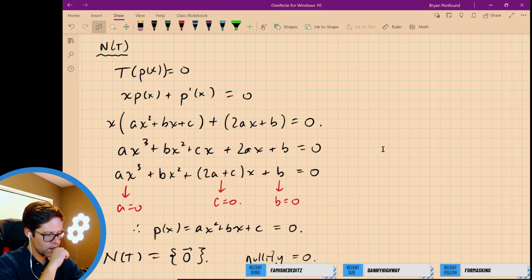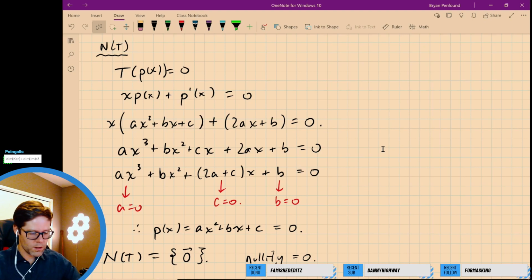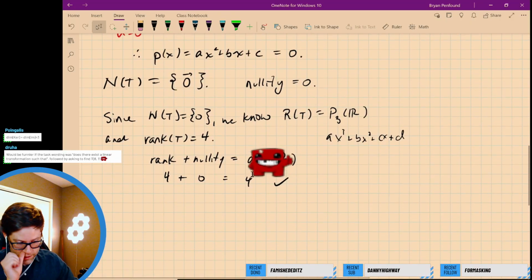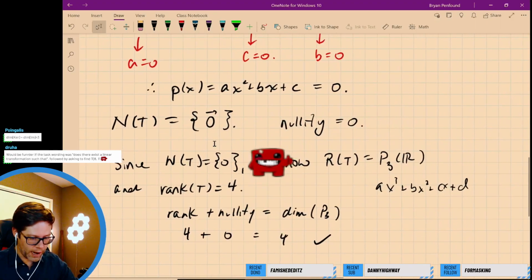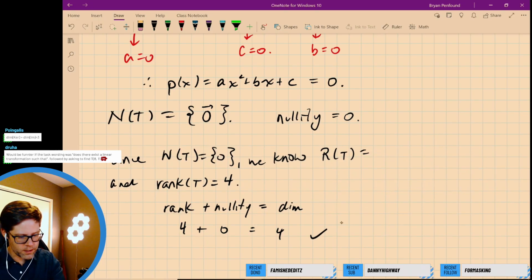I see. So the dimension of the range is going to be the dimension of P2 by the dimension theorem. So I need to figure out a basis for the range. That's what I skipped. Okay, yeah, I got you now. It definitely can't be dimension 4 because I don't have 4 basis vectors in P2. That's correct. So the range is not all of P3, so I cannot say that.